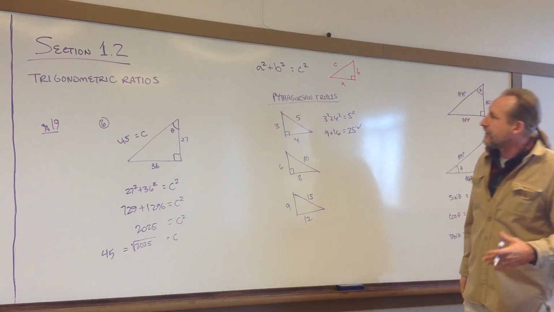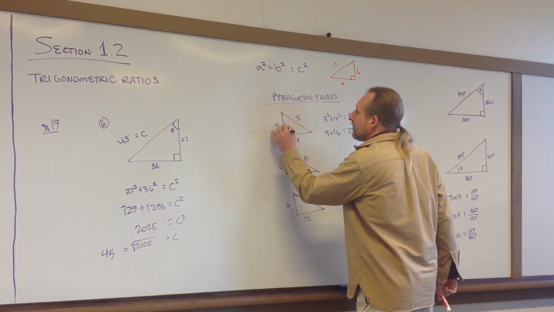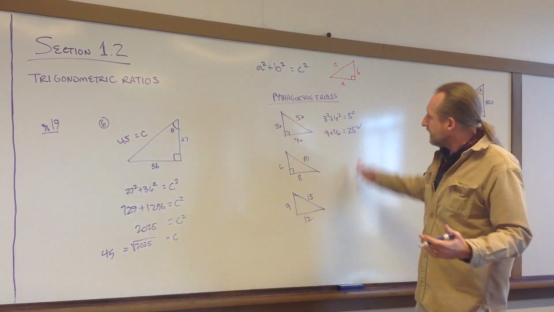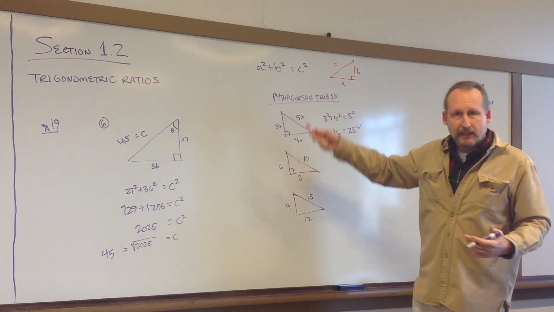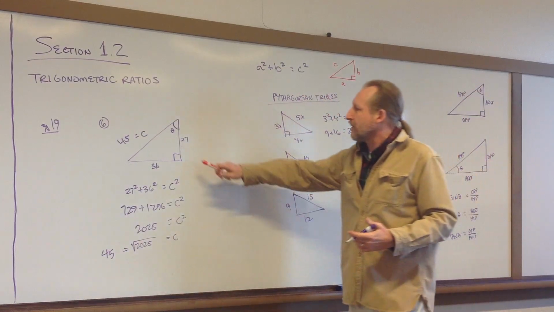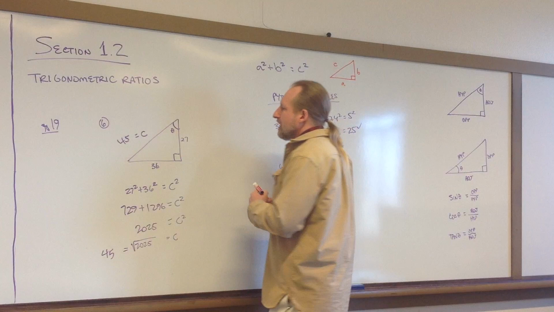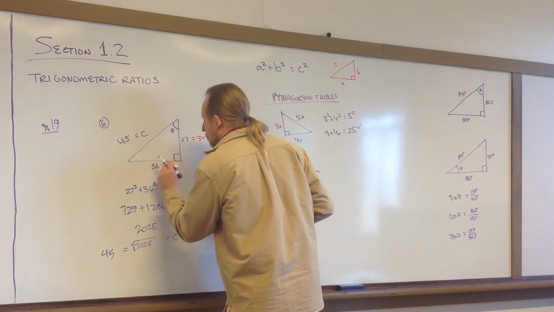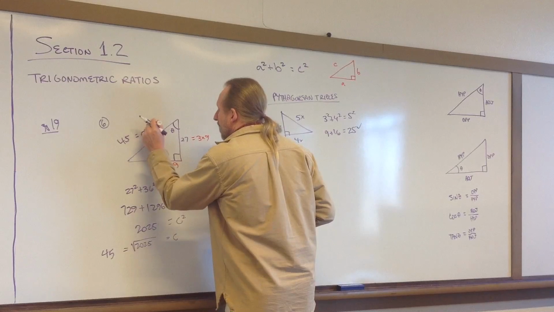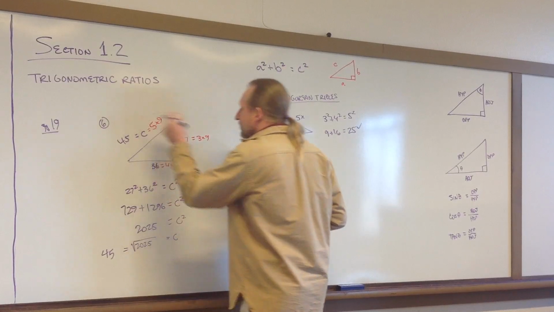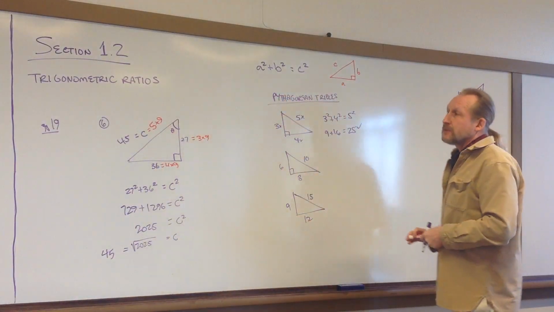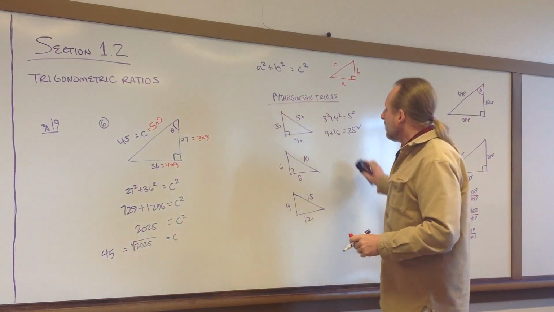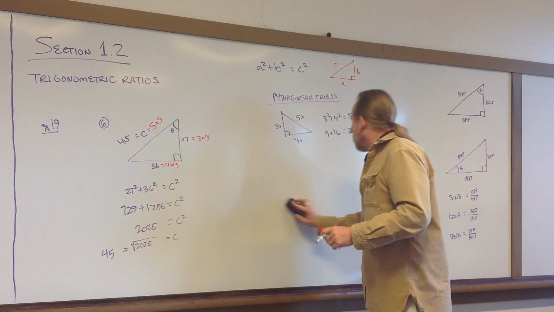As long as everything is some multiple of 3, multiple of 4, multiple of 5, then it's going to fall into this kind of situation. And that's what I recognized here. This is 3 times 9. This is 4 times 9. And so without doing any calculations, I knew that this was going to be 5 times 9. Okay? So that's one Pythagorean triple, the 3, 4, 5.